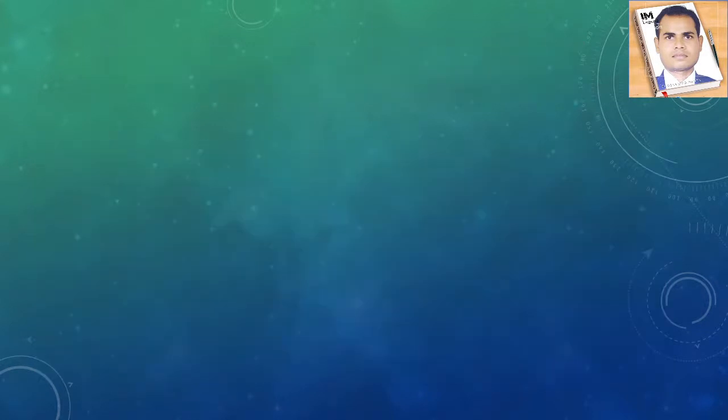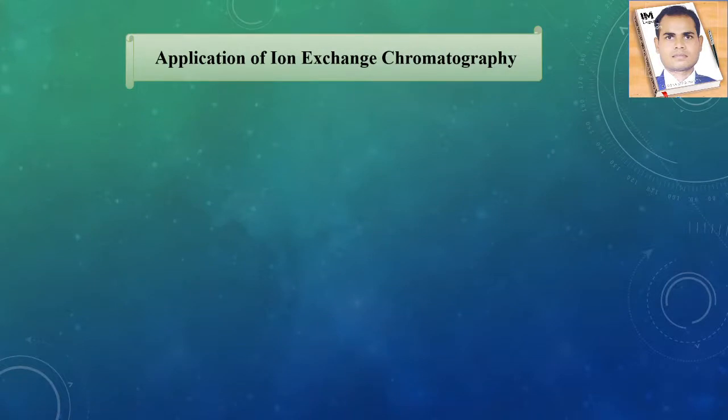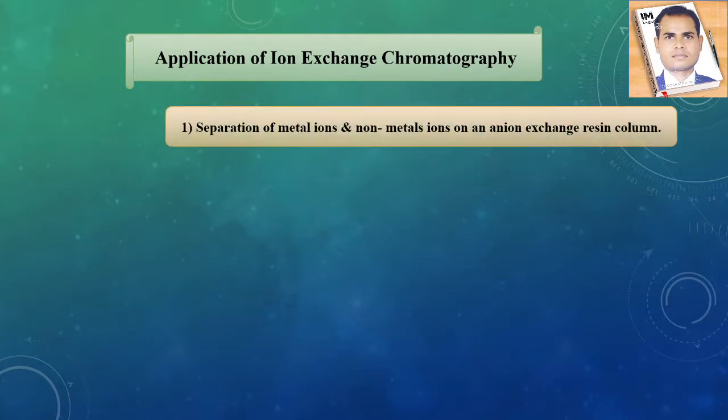Now we have to see the applications of ion exchange chromatography. Where can we use ion exchange chromatography, and which kind of component can we separate from a mixture? Here we can use this technique for the separation of metal ions and non-metal ions on an anion exchange resin column.